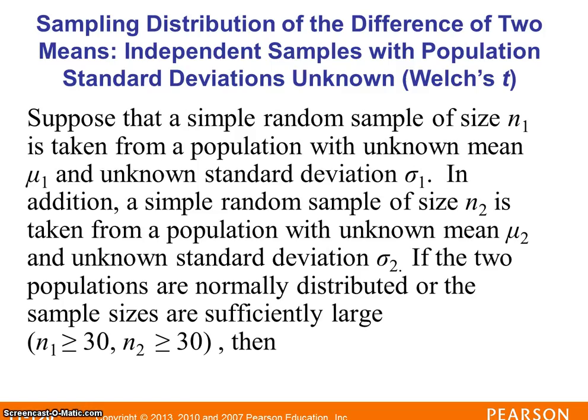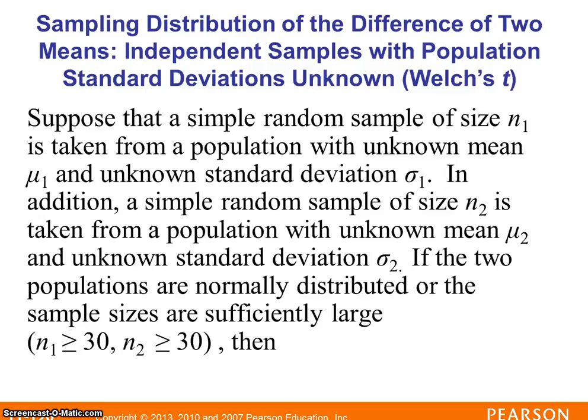A couple of preliminary things we should talk about: the sampling distribution of the difference of two means with independent samples, with population standard deviations being unknown, is called Welch's t-test. Suppose that a simple random sample of size n1 is taken from a population with unknown mean mu1 and unknown standard deviation sigma 1.